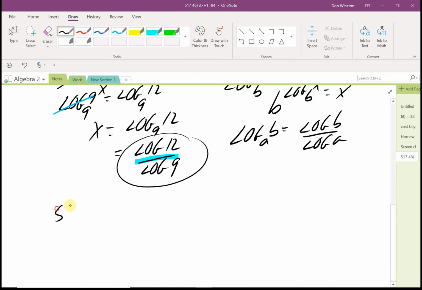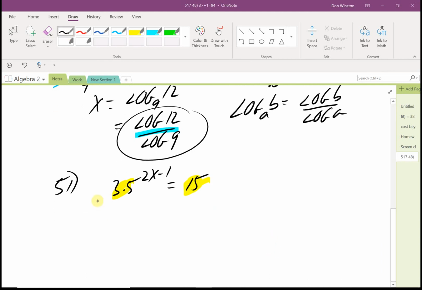Number 51. Number 51, I have 3.5 raised to 2x minus 1 equals 15. Again, I can't think of a common base for 3.5 and 15, so we wrap everything around that base. We wrap everything around log base 3.5 of 3.5 raised to 2x minus 1 equals log base 3.5 of 15.